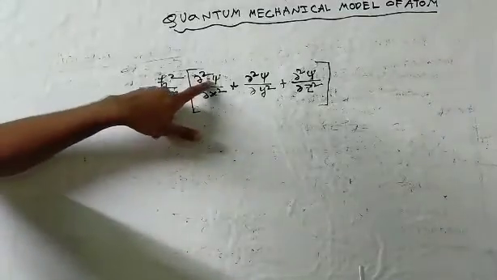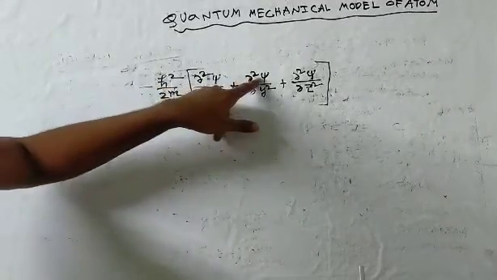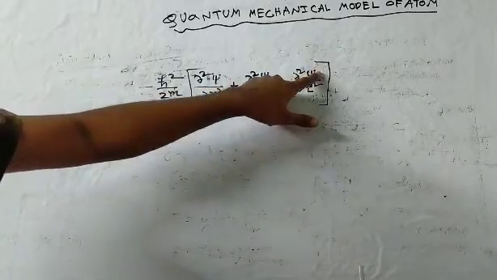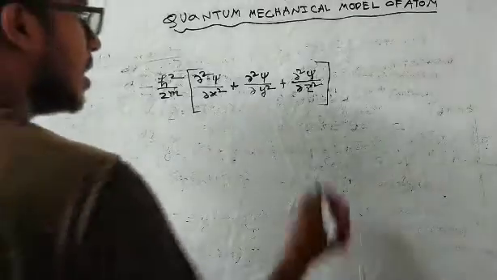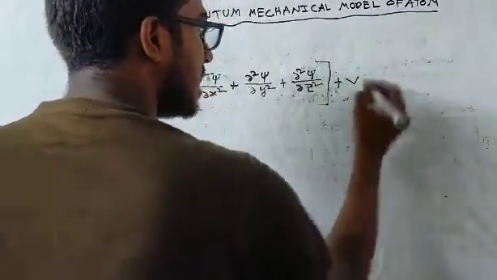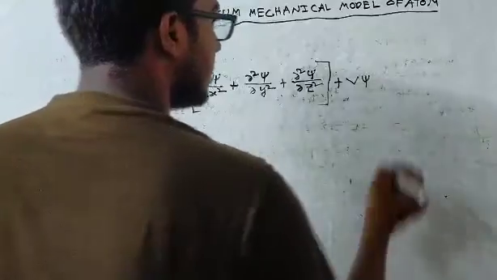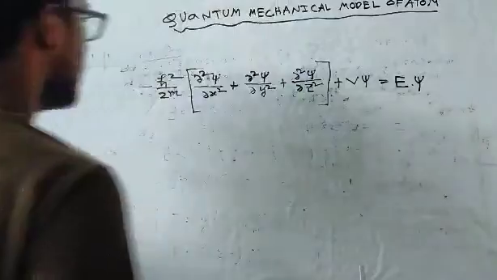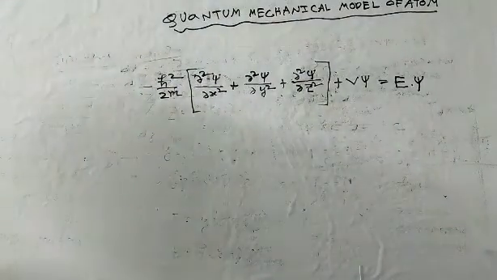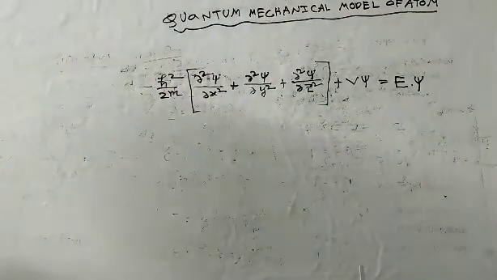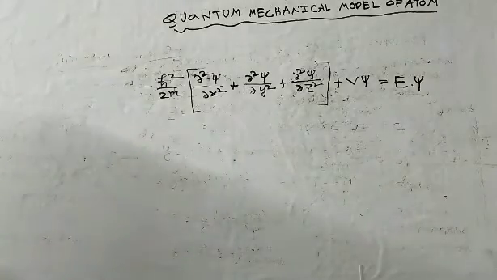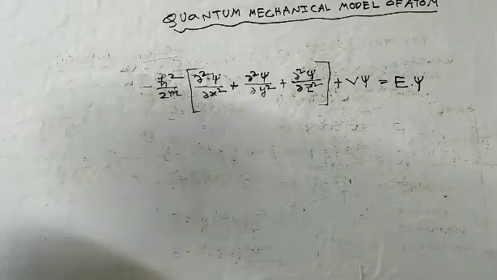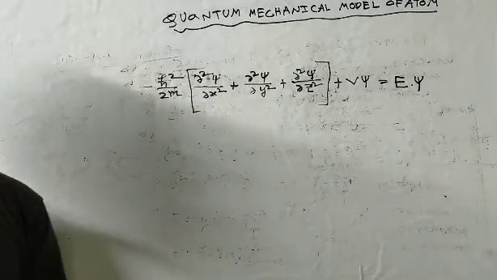That means I am doing the derivative on psi with respect to x, with respect to y, and with respect to z, plus the potential energy times psi, equals the total energy E times psi. This is called the Schrodinger equation. In Newtonian mechanics, F equals ma is the mother equation, and in quantum mechanics the Schrodinger equation is the mother equation.